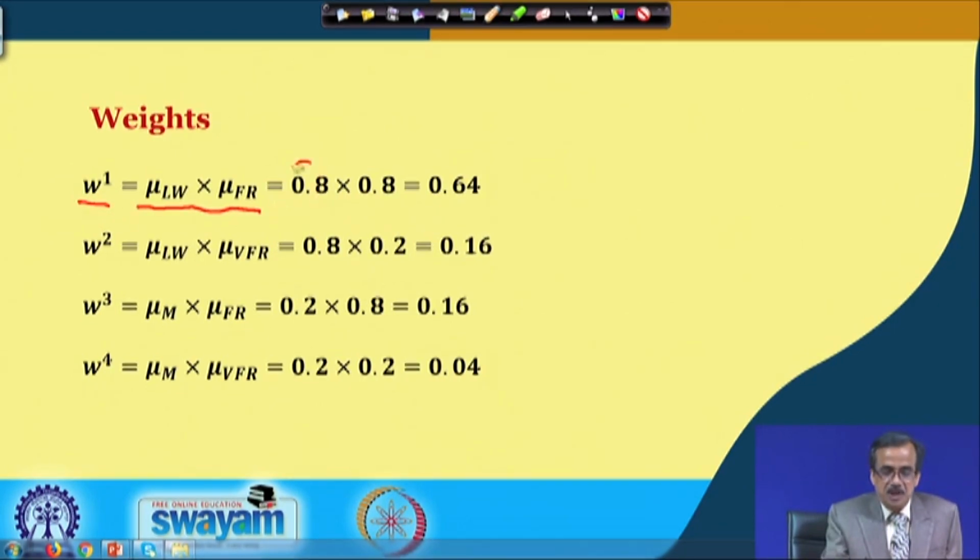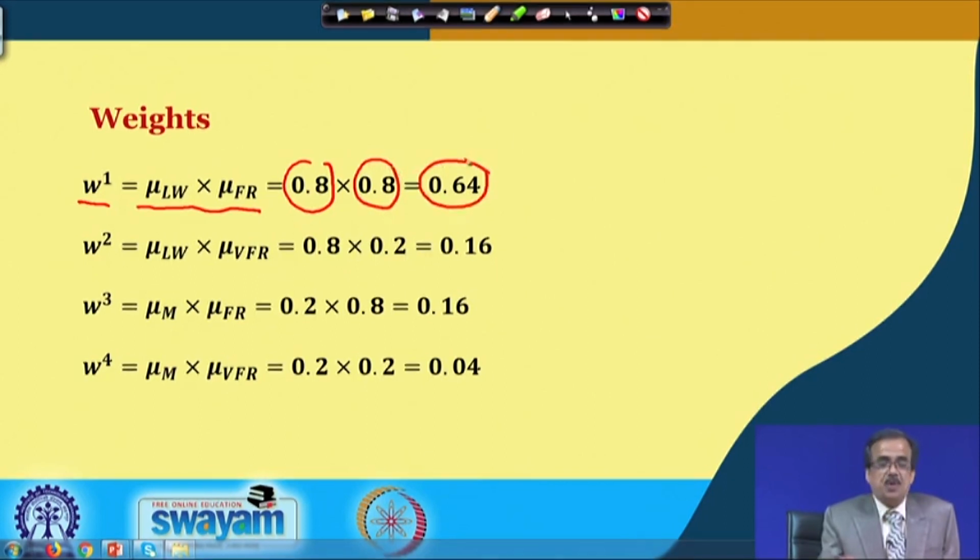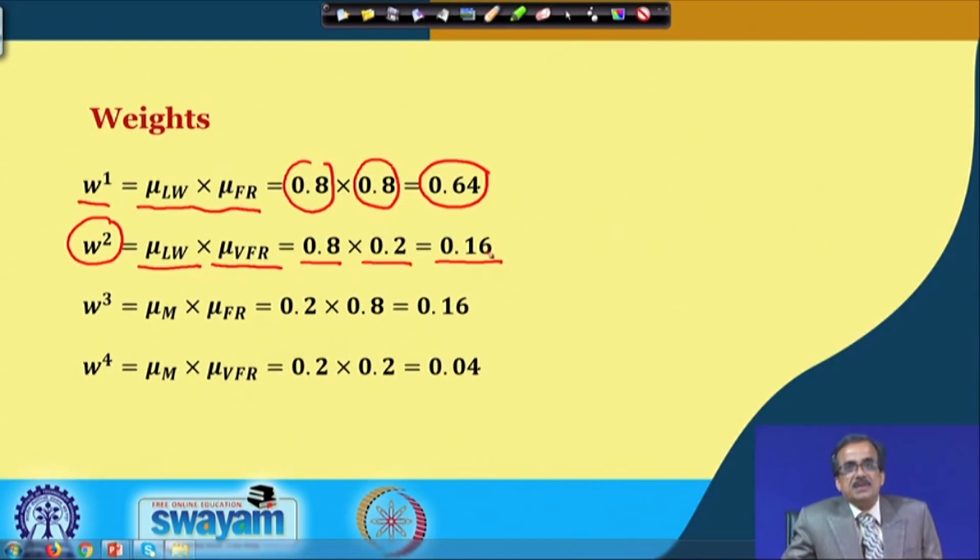Now, mu low is 0.8 and mu far is once again 0.8, and if you multiply, you will be getting 0.64. Similarly, corresponding to the second fired rule, W 2 is nothing but mu low multiplied by mu very far, that is 0.8 multiplied by 0.2, and that is nothing but 0.16.